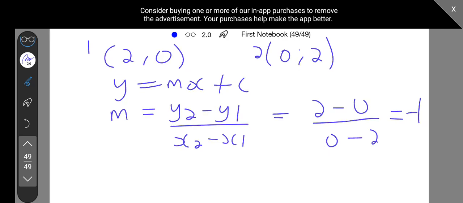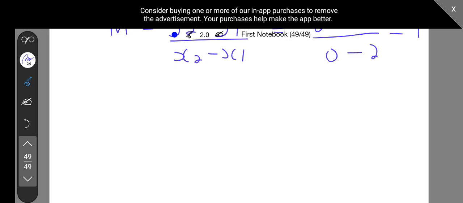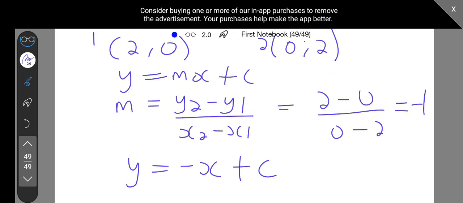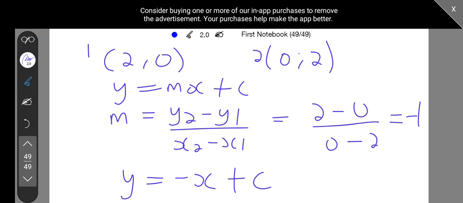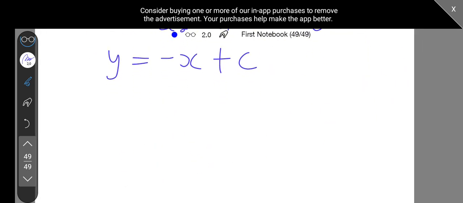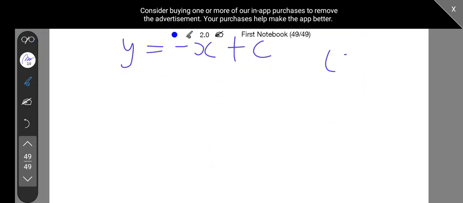So the slope there is -1. We say that y = -1x + c. After that, we plug in any set of coordinates, either this one or this one; they'll give you the same answer. Let's use the point (2, 0).